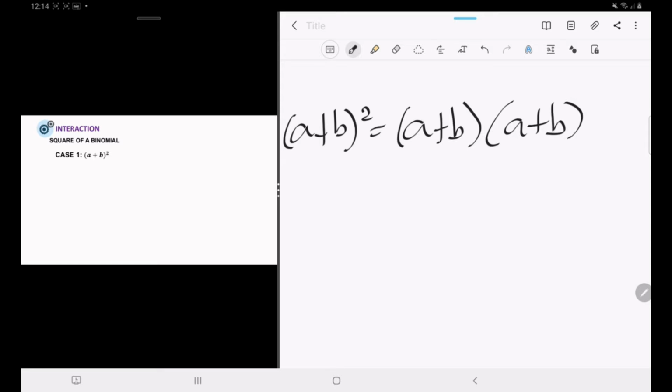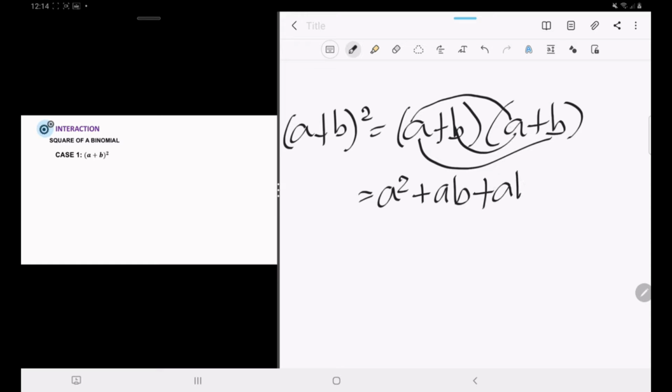From our previous lesson, we learned how to multiply polynomials using the FOIL method. So if we will multiply this using the FOIL method, we have a times a is a squared, and a times b is ab, b times a is also ab, and b times b is b squared.